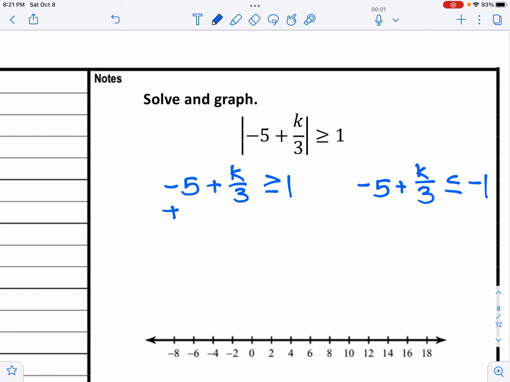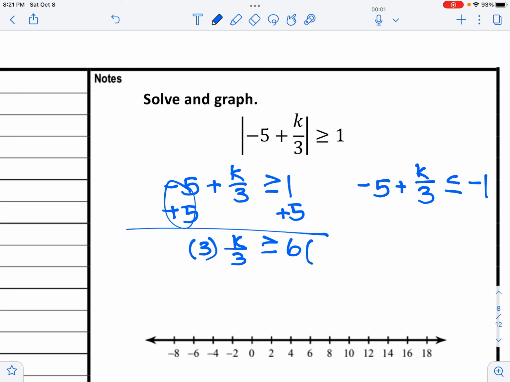So I'm going to add 5. Okay, and then I need to get this k by itself. It's divided by 3, so we're going to multiply by 3. K is greater than or equal to 18. And on this one, we're doing the same process.